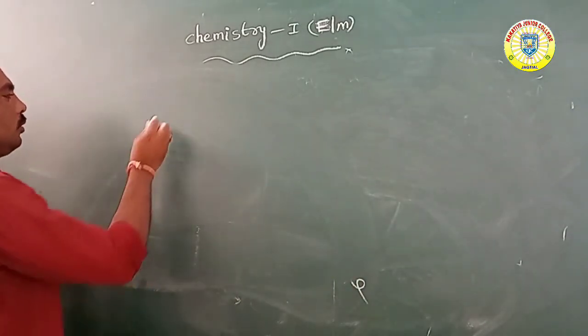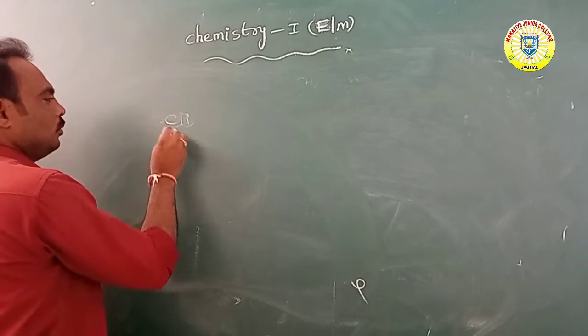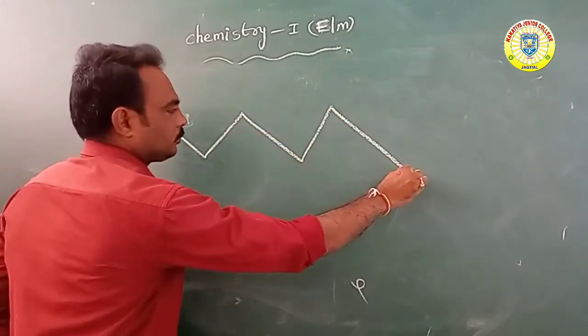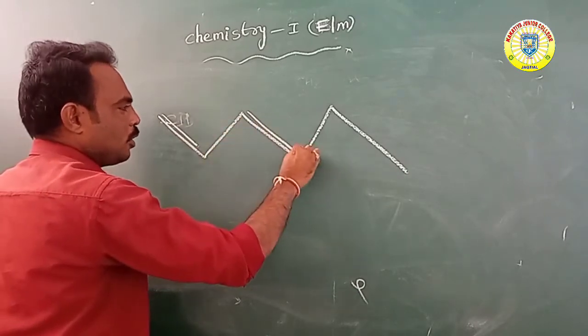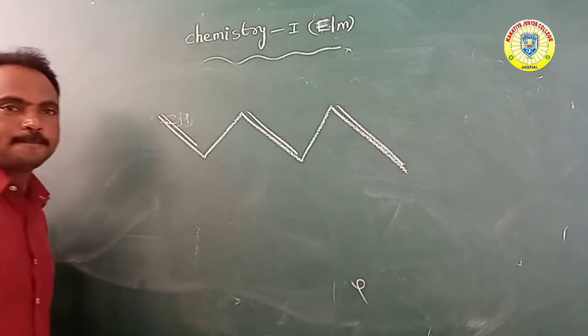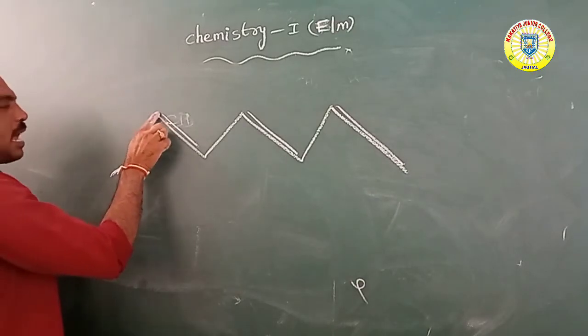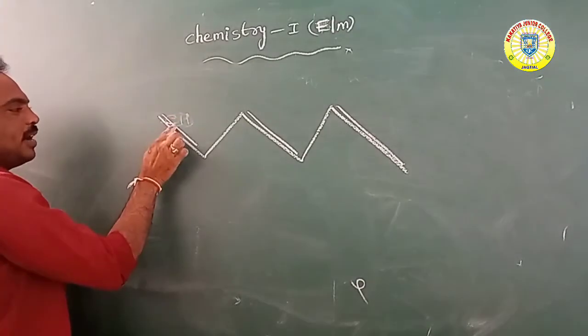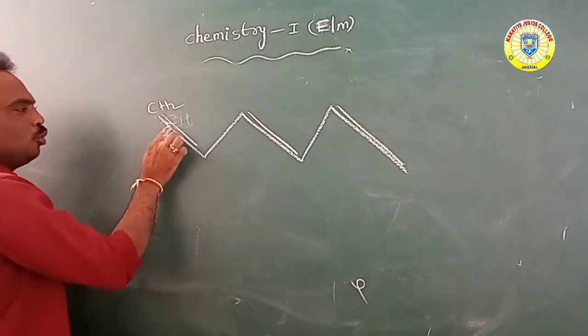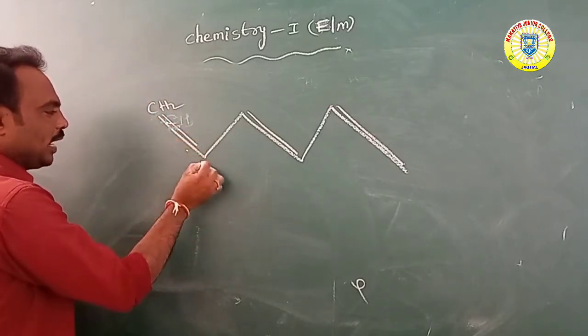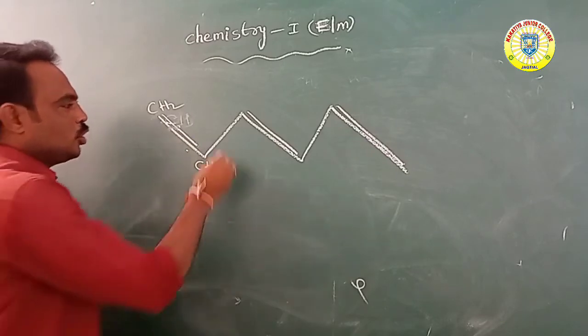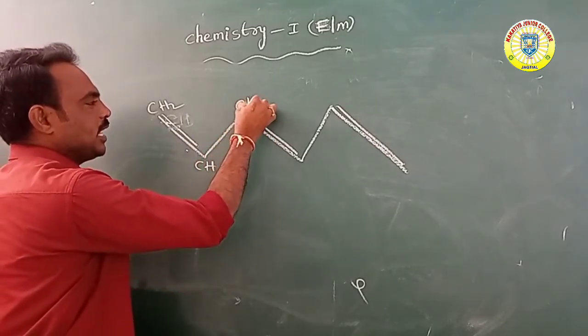Suppose, for example, double bond, double bond, double bond. So this carbon contains one double bond, we write CH2. Two bonds remaining, CH2. So this carbon contains 1, 2, 3 bonds, we write CH.